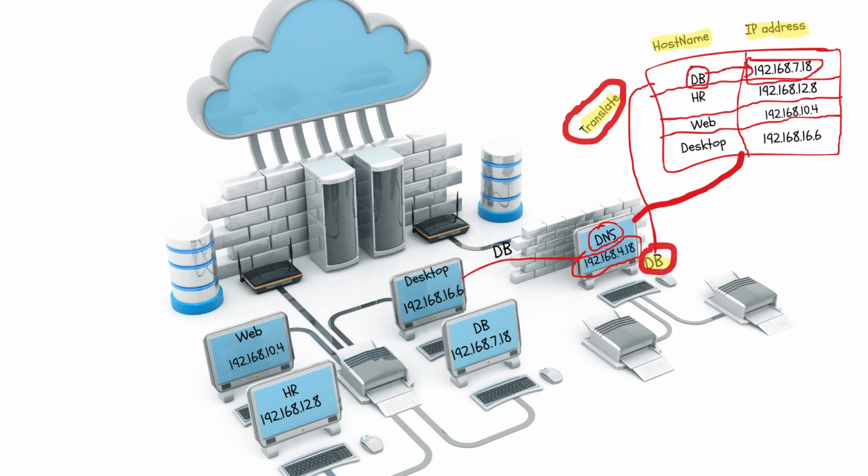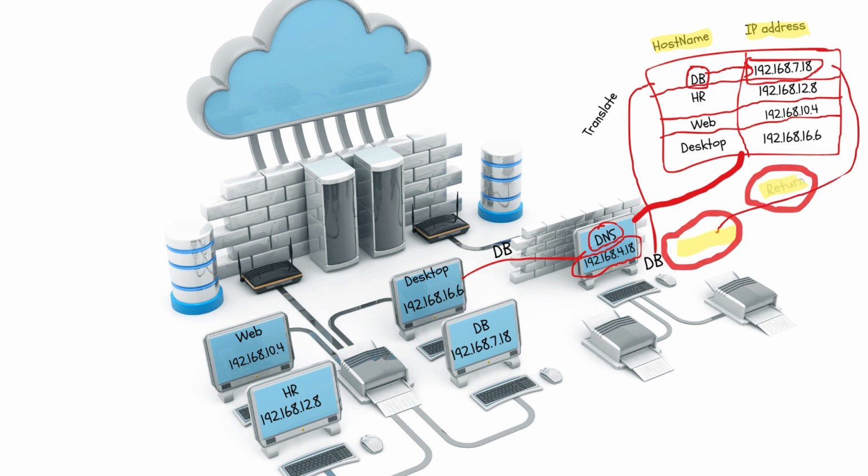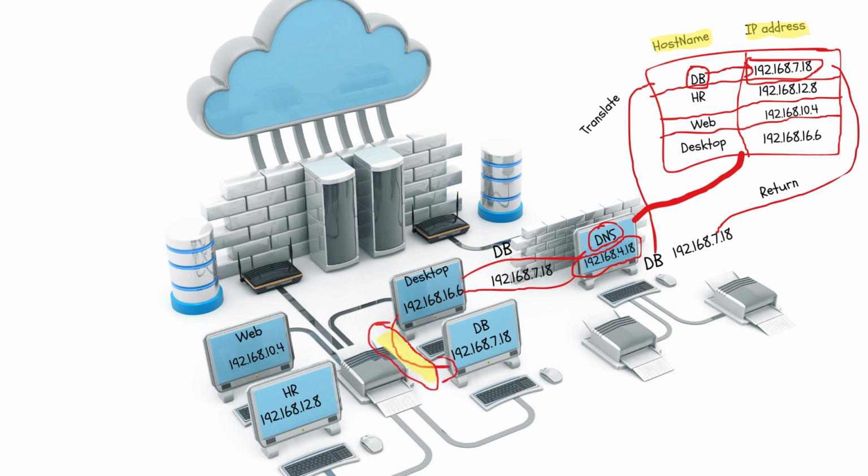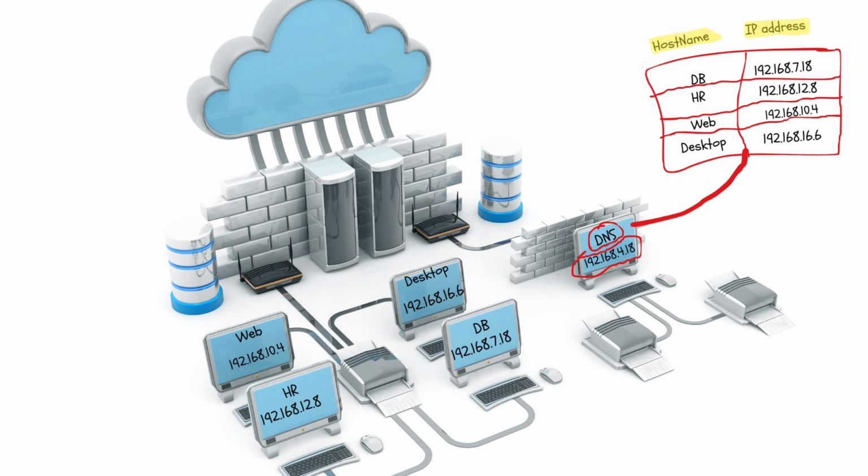The DNS server translates the host name to an IP address and returns the resolved IP address to the desktop device. The desktop then connects to the database system and initiates communication. DNS can also reverse resolve an IP address to a host name if needed.